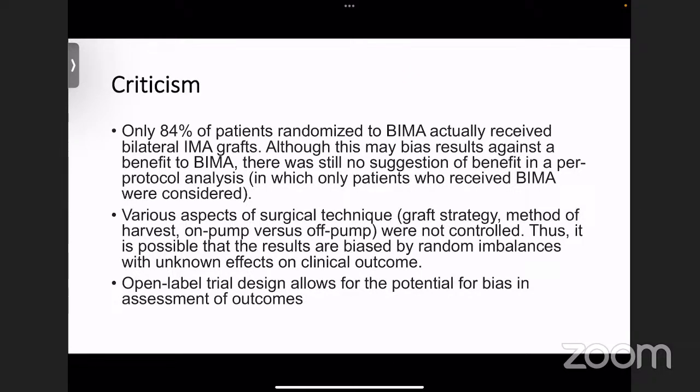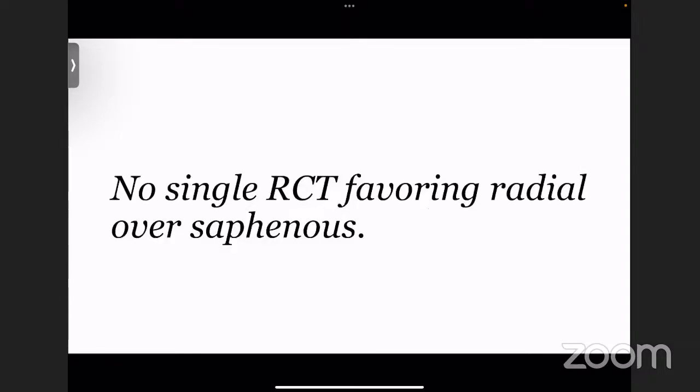I don't see a really strong criticism against the BIMA, maybe except the radial, but that shouldn't really be a problem. So that's the BIMA. The BIMA is out essentially until the ROMA trial comes back, and then maybe we can see.